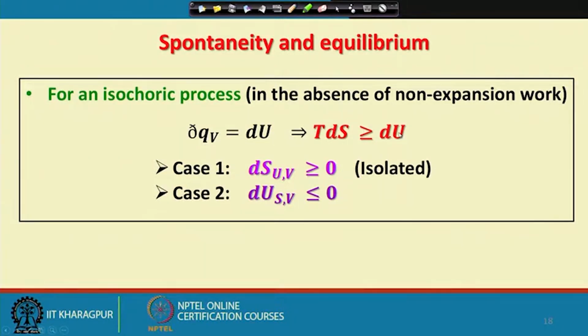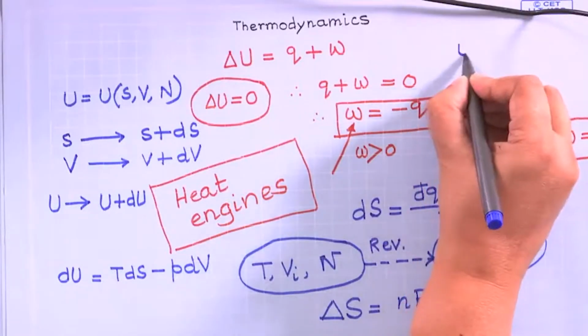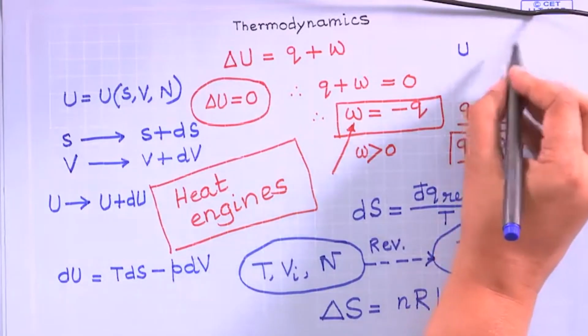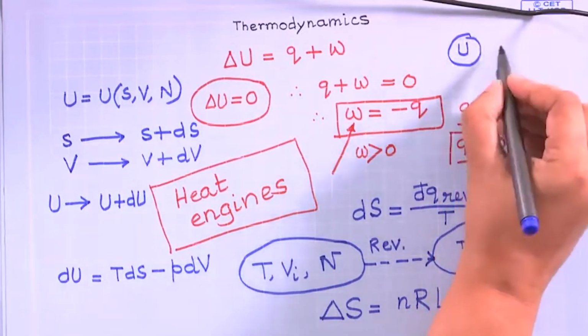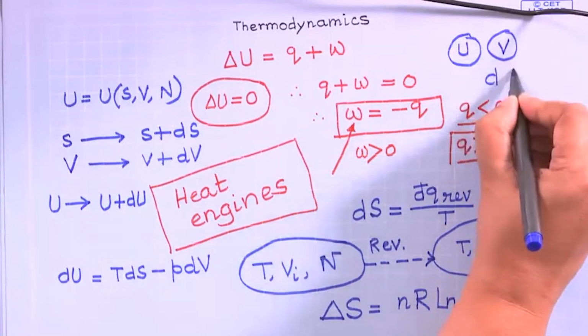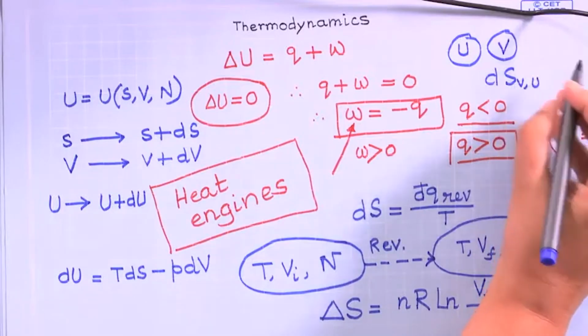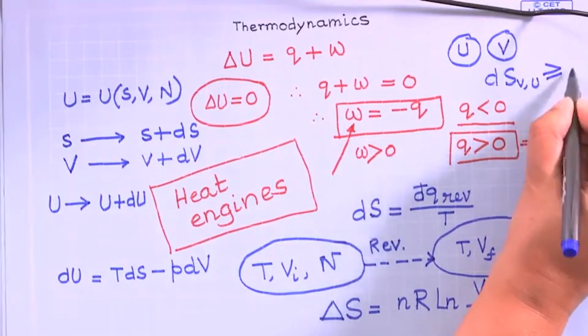Now, you can carry out several experiments, one of which is you start from an initial state which has some internal energy U, and you keep it fixed, and you keep V also fixed, and under such condition (dS)_U,V is going to be greater than or equal to 0.